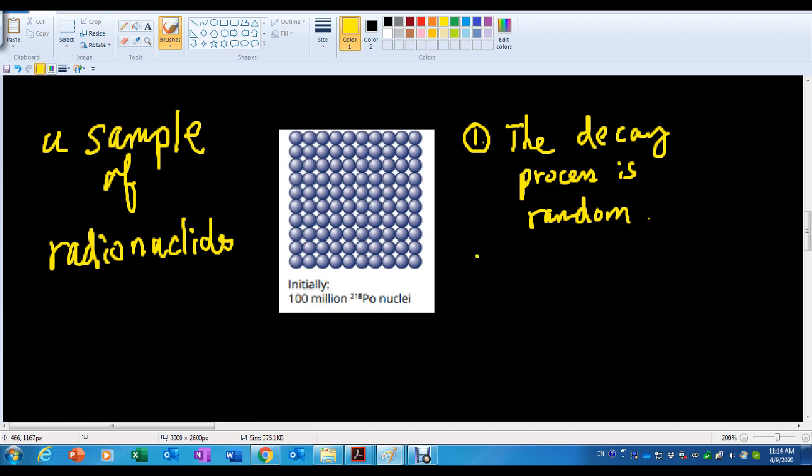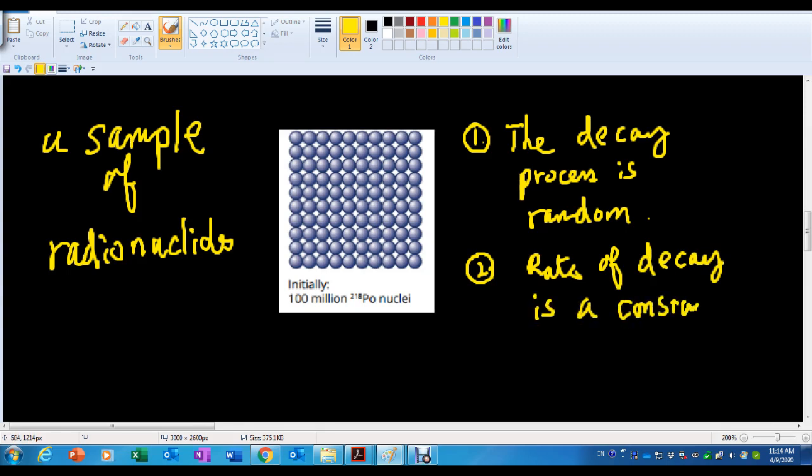The second thing: although the decay process is random, the rate of decay is actually a constant. So after a particular time, for example 0.1 second, there are two out of that many radionuclides going to decay, but it might be these two or these two.